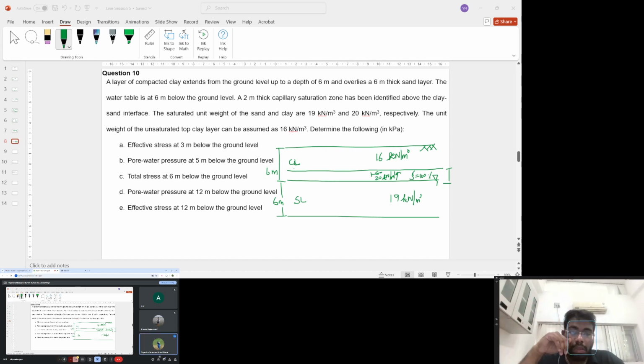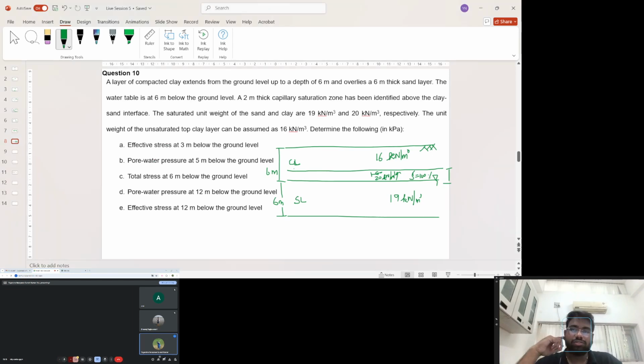So now coming to the first sub question: effective stress at 3 meters below the ground level. There is no presence of water, so it is straightforward.